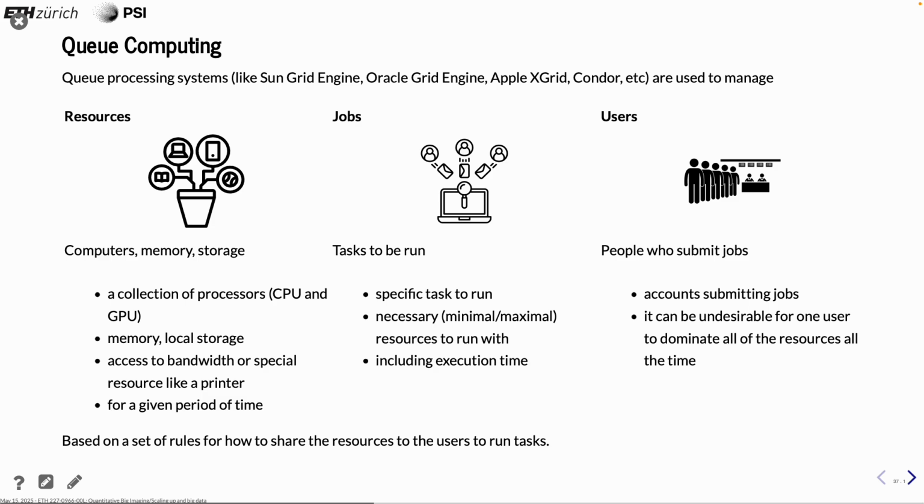You don't want a single user maybe to take the whole cluster, mostly not at least, and you want to balance the load of the resources so that everybody gets their task done within reasonable time. This can also be set up with different queues, that you have queues for short jobs, you have queues for long jobs, and they have also different priorities how you can run them.